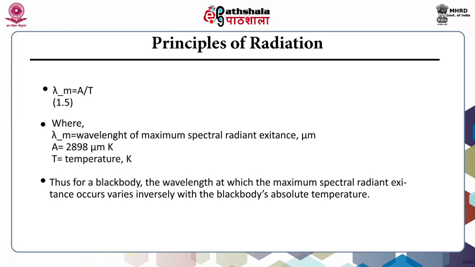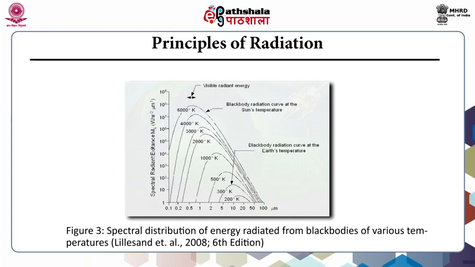Comparatively, the spectral radiant excitance from the Sun occurs at about 0.5 micrometer, falling in the visible portion of the spectrum. This is why sunlight can be sensed by the human eye or photographic system, while the radiation from the Earth can be perceived as heat or by a non-photographic sensing system.